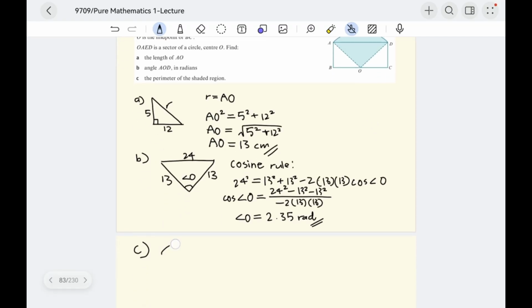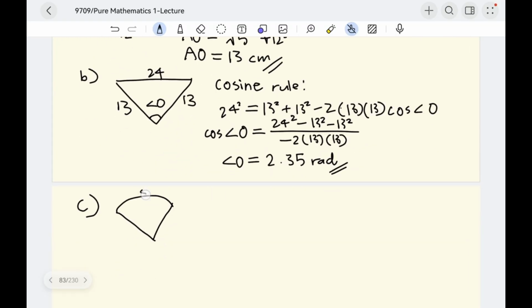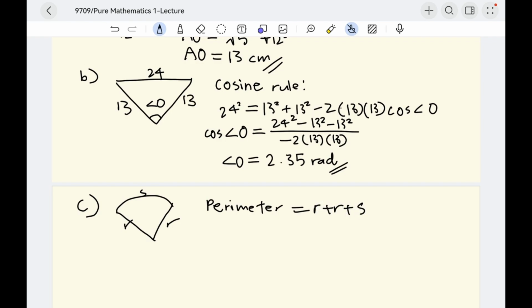How to find the perimeter of the sector? This is your S, this is your 2 radii, so the perimeter is basically 2R plus S. As you know, the formula of S is R theta, so 2R plus R theta.